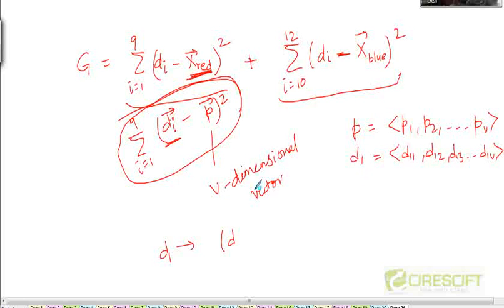So when we say D1 minus P squared, strictly speaking what we are doing is taking the L2 norm and squaring it. So basically we're trying to compute the variance.